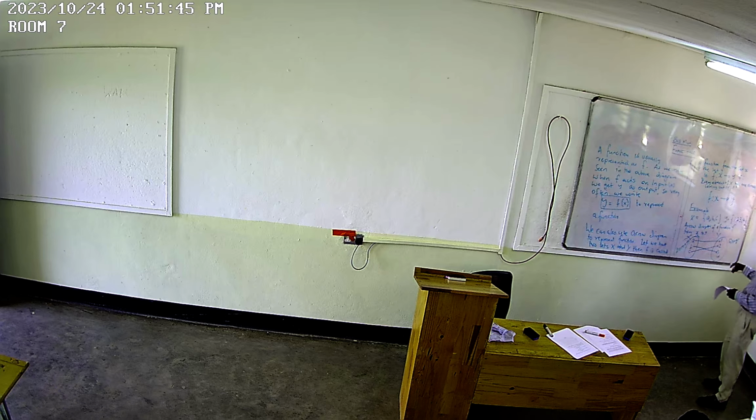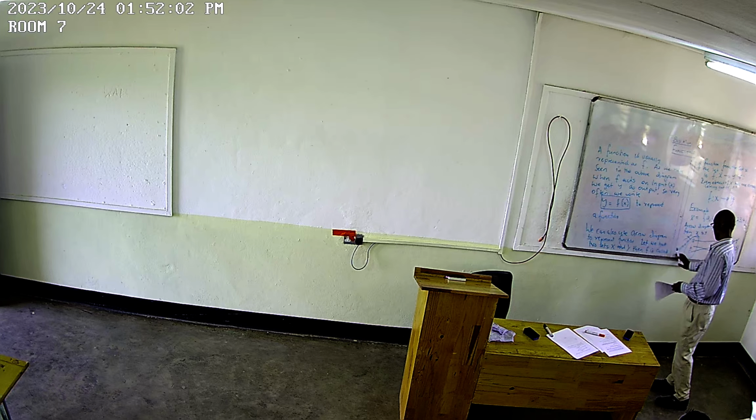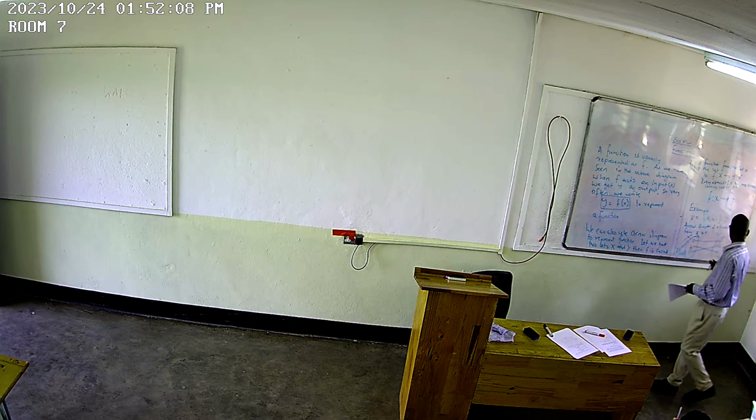The range is the set of the ones that are mapped. Range is a set of 1, 2, and 3. Domain is a set of A, B, and C.